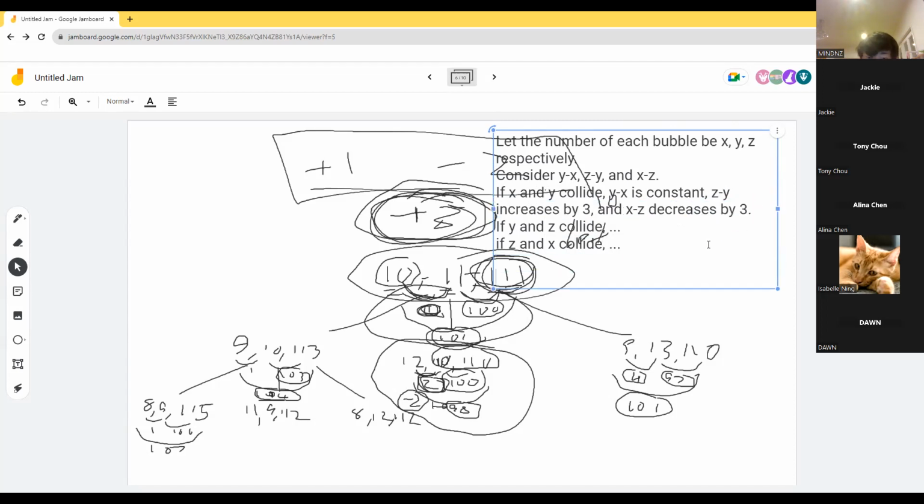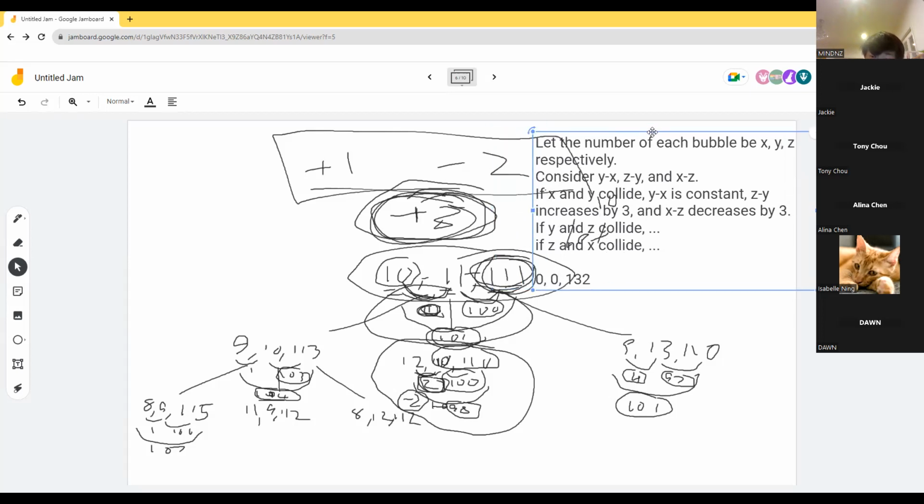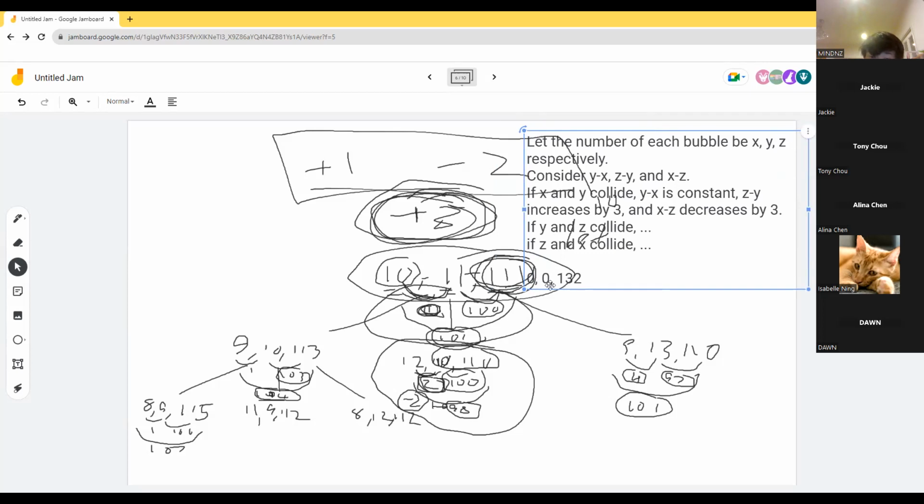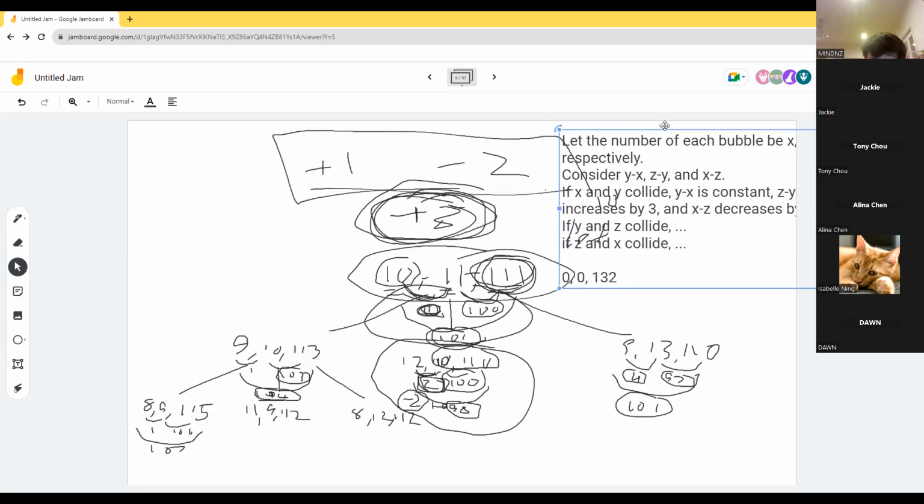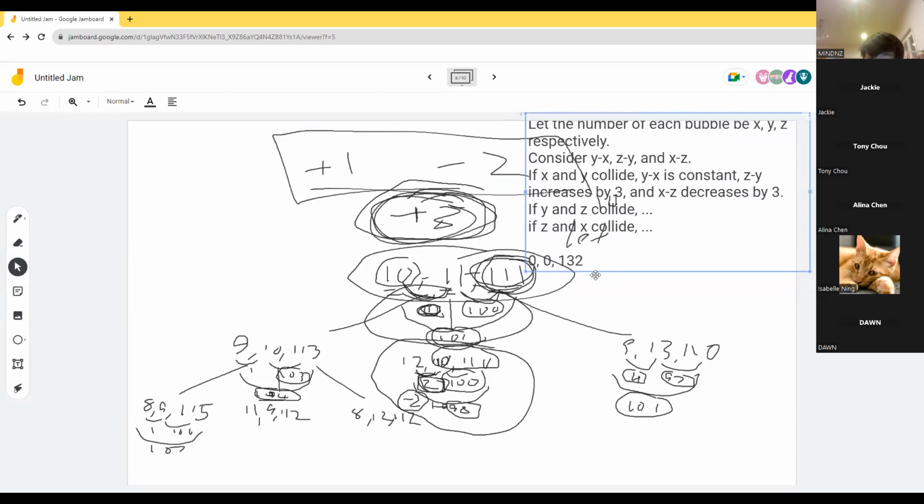However, if we consider 0, 0, and 132, which is what we want to get, right? We want only one type of bubble, and since the total number of bubbles remains constant, which is very easy to prove, there's 132 bubbles in total, so we'll have 0, 0, and 132.